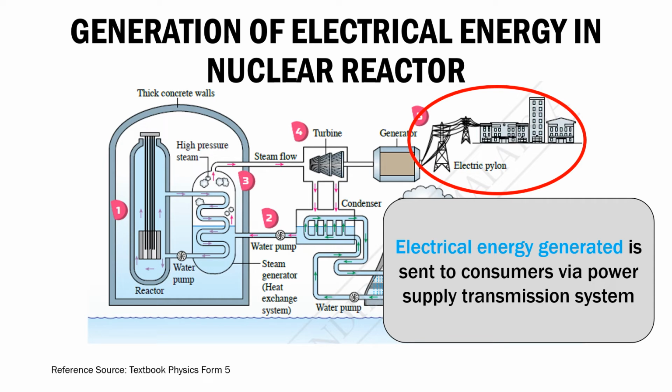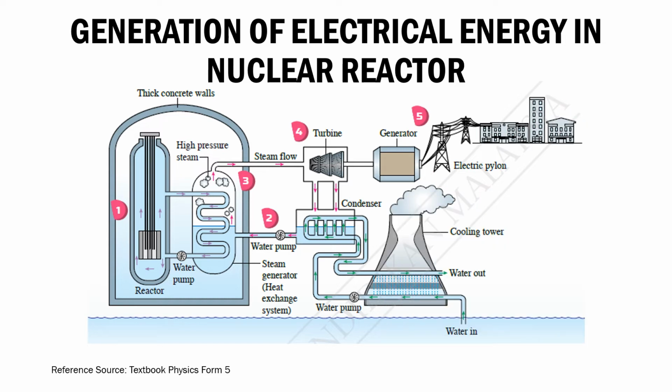Finally, the rotating magnet or coil in the generator will generate electrical energy and send it to consumers via the power supply transmission system. So, this is the full process of electricity generation. And for sure, electricity generation is in a continuous form to ensure the supply.